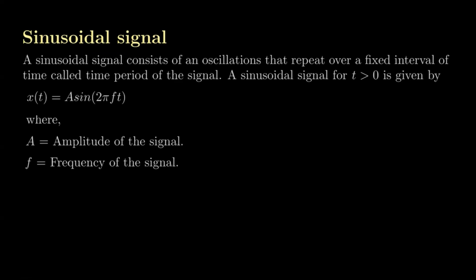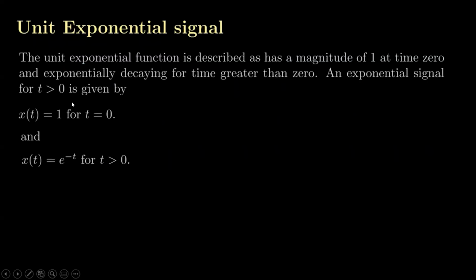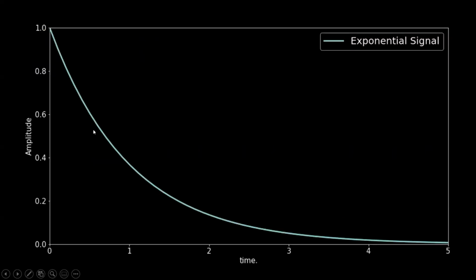We also studied the unit ramp signal, which increases linearly with time, and the sinusoidal signal, which repeats periodically with a specific amplitude and frequency. Finally, we examined the unit exponential signal, which starts with a maximum amplitude and decays over time. These signals form the foundation for understanding more advanced concepts in signal processing, and we will use them frequently in the upcoming lectures.